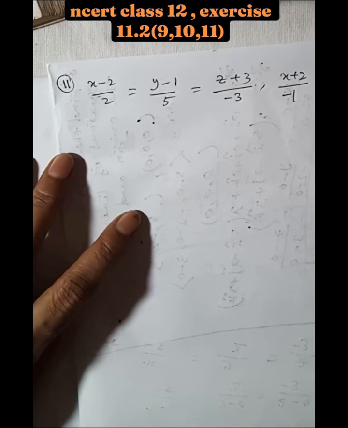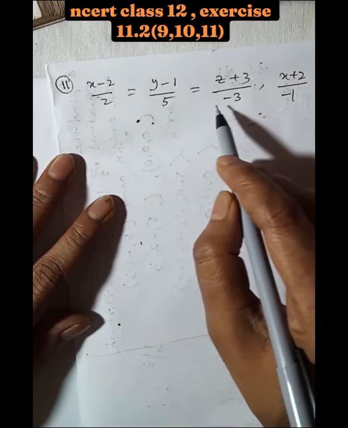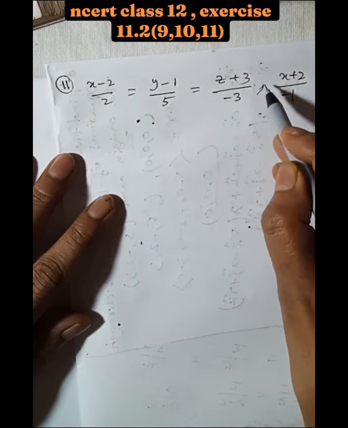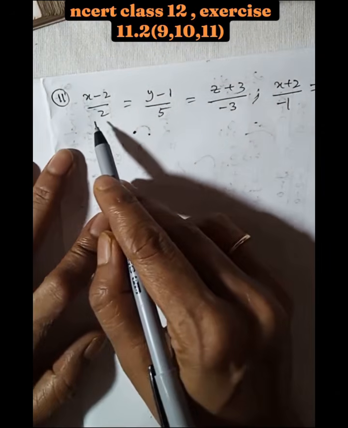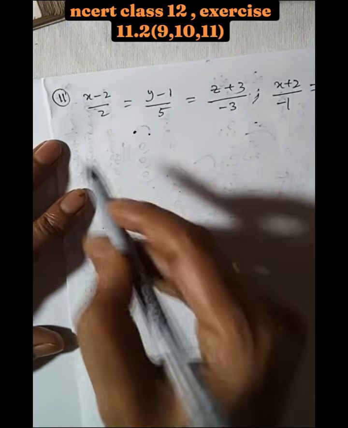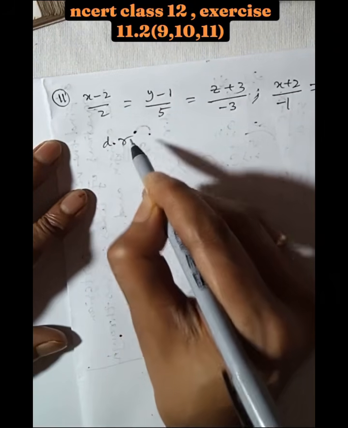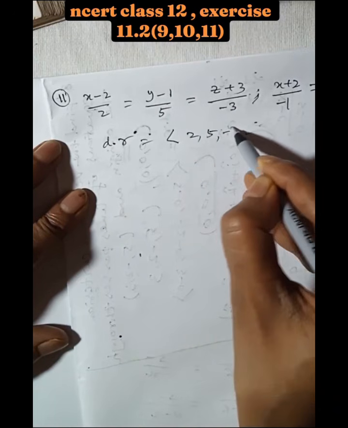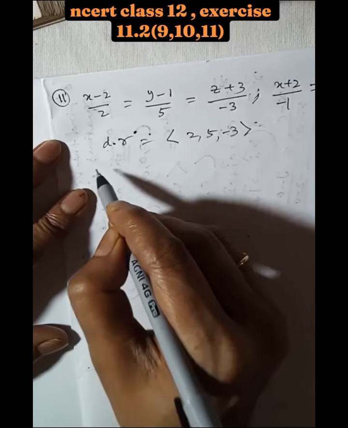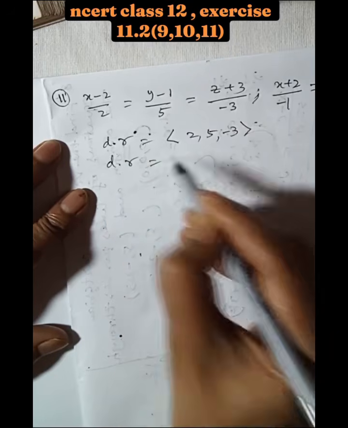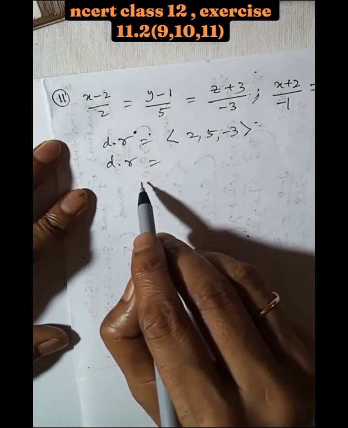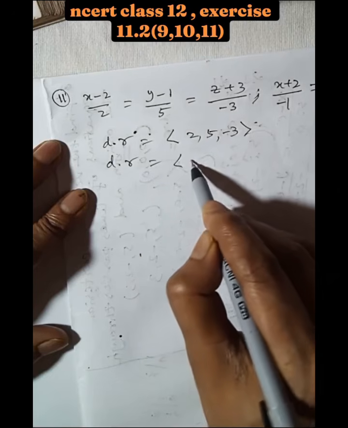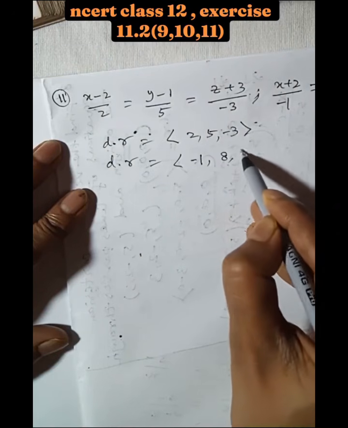Now I find the angle between the given lines. This is question number 11. Here the direction ratio of the first line is 2, 5, minus 3, and the direction ratio of the second line is minus 1, 8, 4.